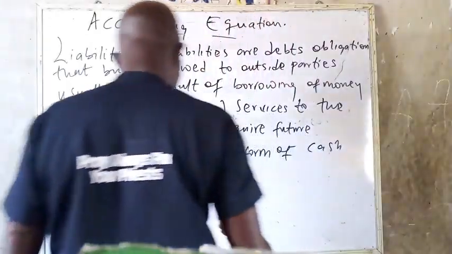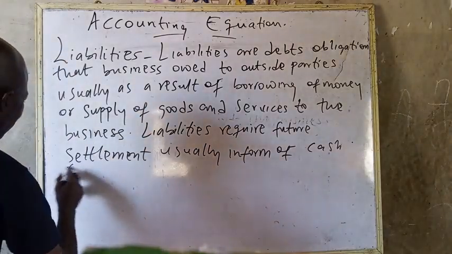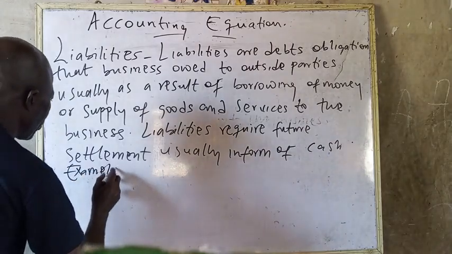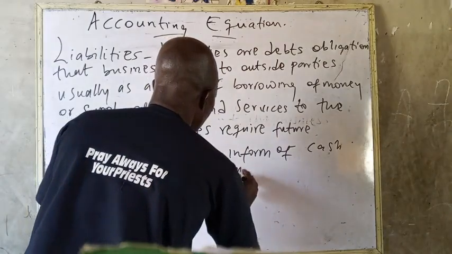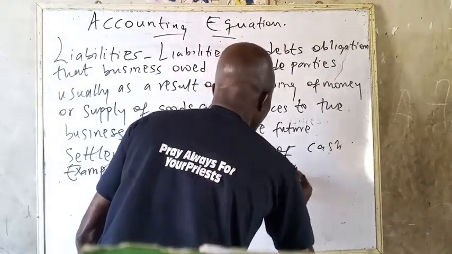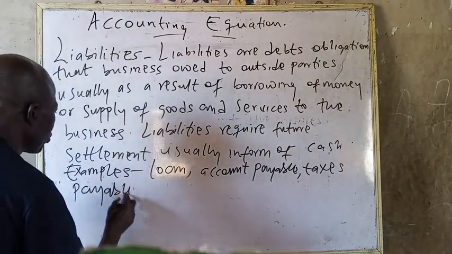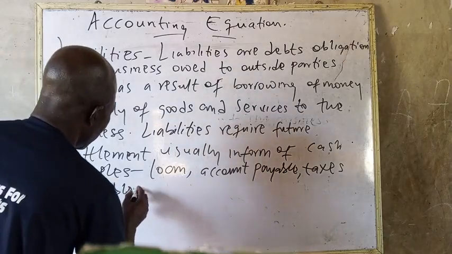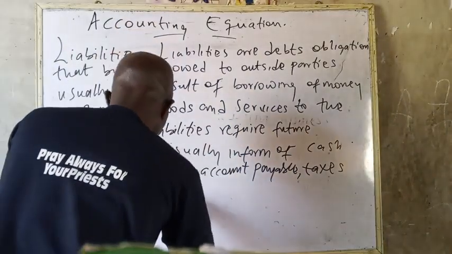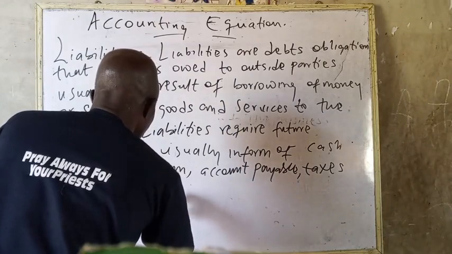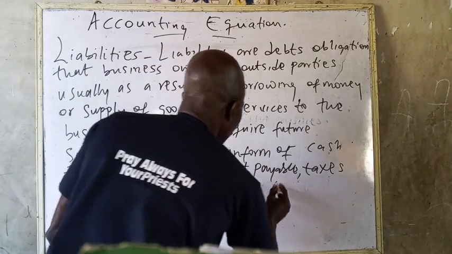Examples of liabilities: you have loans, you have accounts payable, you have taxes payable, payable salaries, etc.